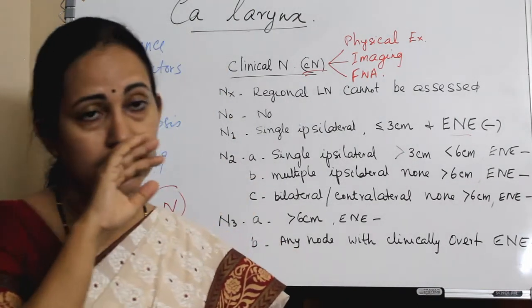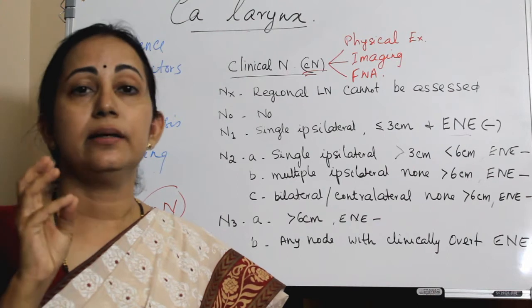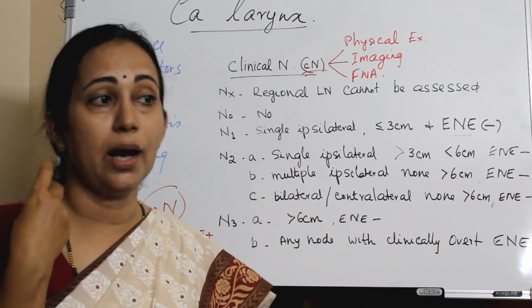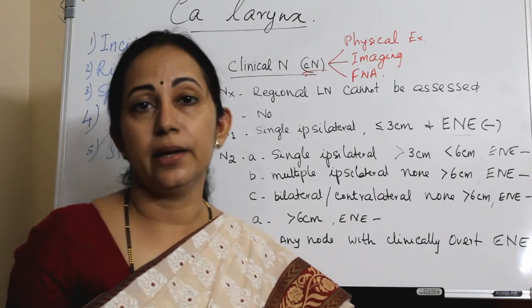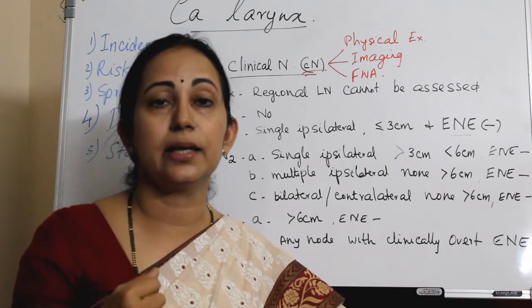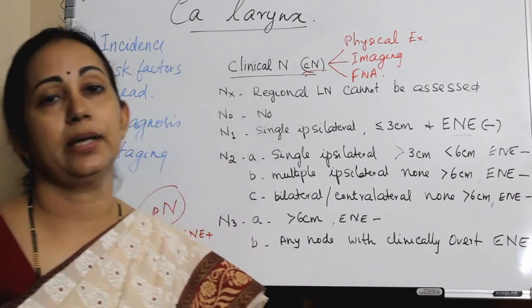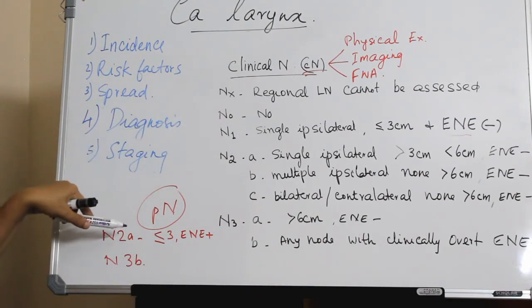So extranodal extension is evidenced by either skin infiltration, muscle infiltration, invasion into adjacent structures, or into the nerve structures.